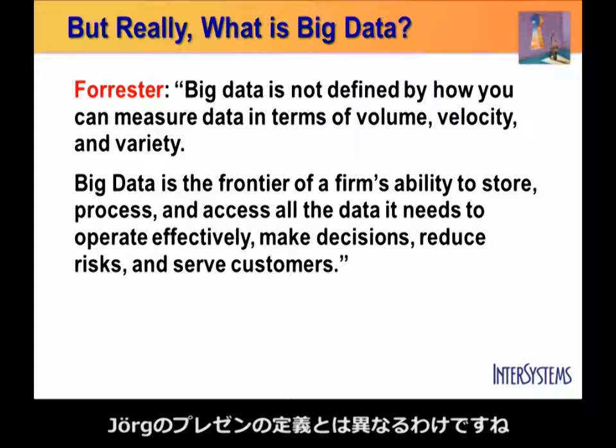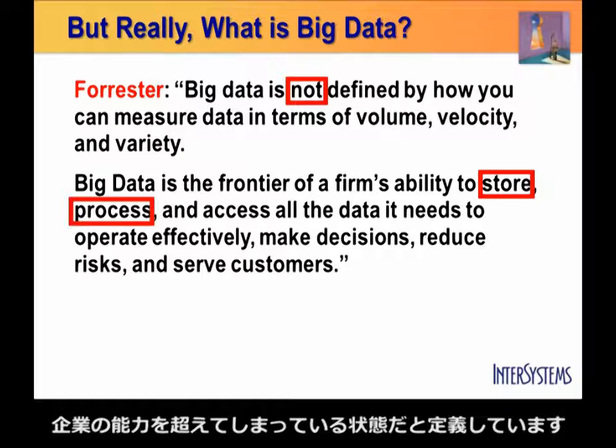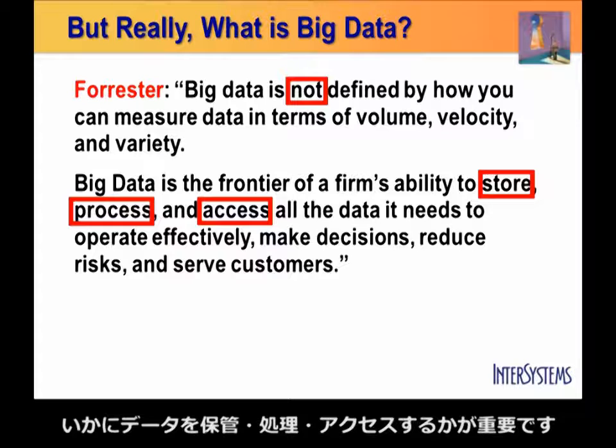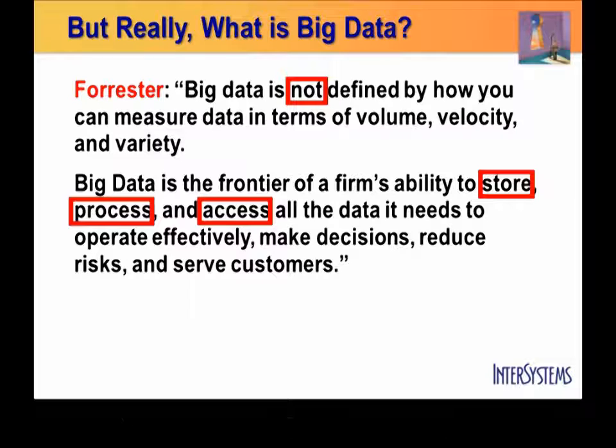So forget about what Jorg said. Instead, it's the frontier. It's the most important thing in terms of how you can store, process, and access all of the data that you need in order to operate effectively, make decisions, reduce risks, and serve your customers. So it's all about taking action on large volumes of data.